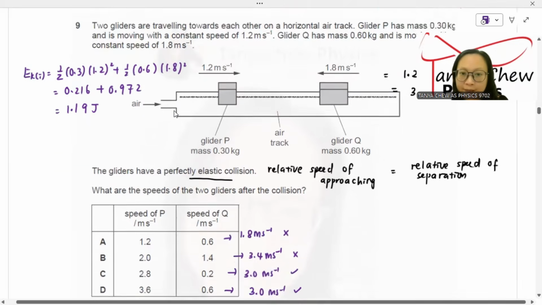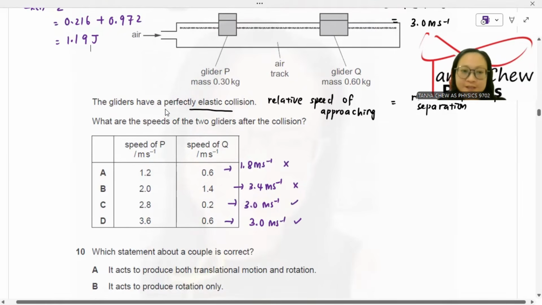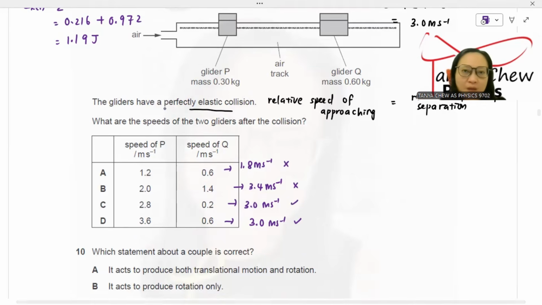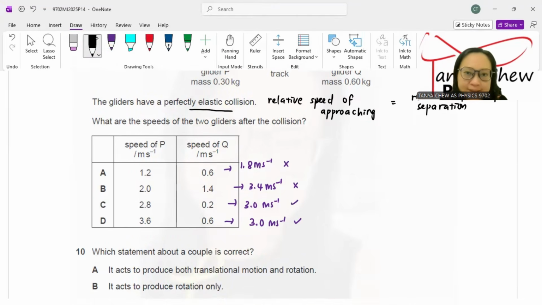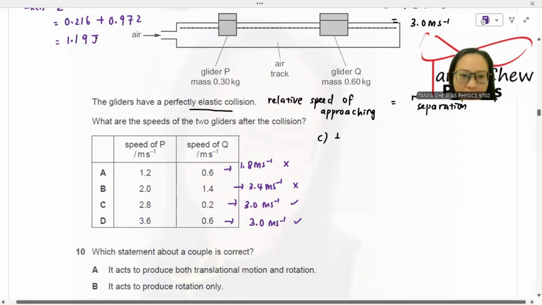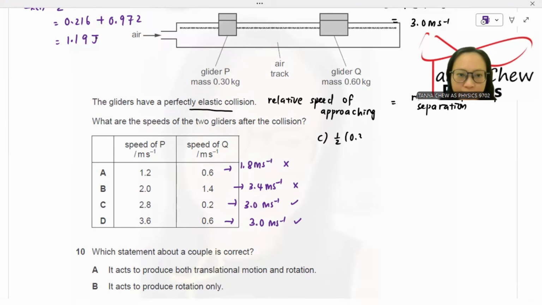joules. And I calculate the kinetic energy of C and of D. So for C, I'm going to do it here. Half the mass of glider P is 0.3, and this is 2.8, I square it, plus half the mass of glider Q, which is 0.6, times 0.2, I square it.